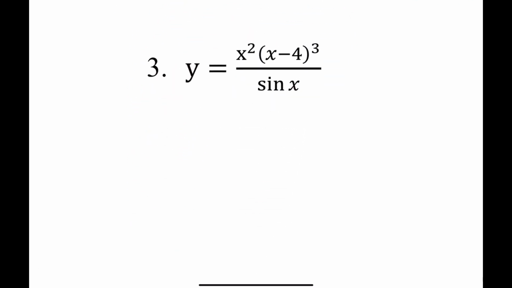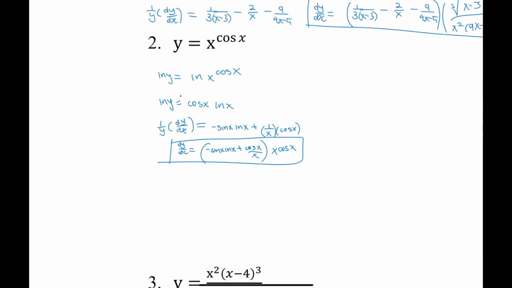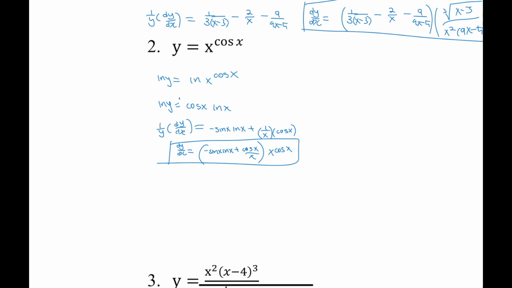Number 3. Okay, similar to number 1 a little bit. So ln y equals ln of x squared times (x minus 4) to the power of 1/3, over sine x. I'll put parentheses here.